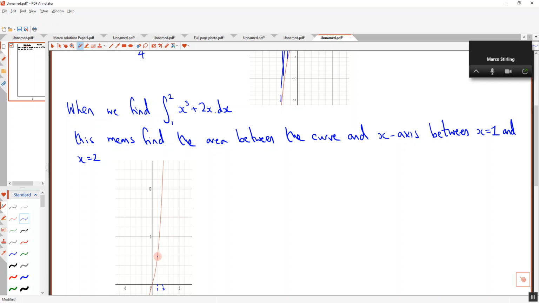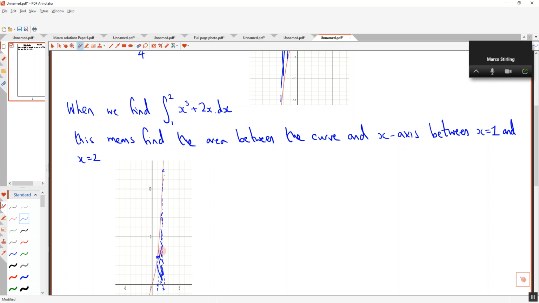I'm integrating between this point and also this one, which means I'm finding the area underneath the curve on the x-axis.